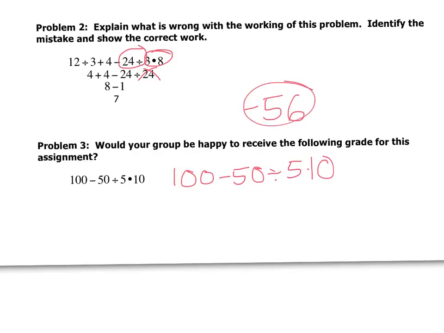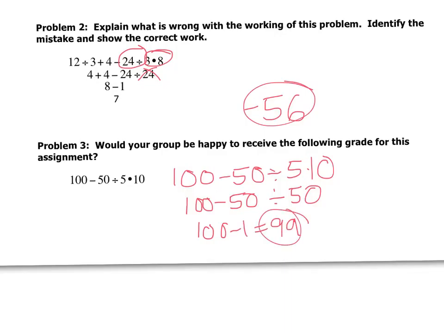So hopefully none of you did this at this point in the game, but if you did 5 times 10 and got 50 first, instead of going left to right with multiplication and division, you would get a pretty decent grade, right? 50 divided by 50 is 1, so 100 minus 1 is 99. That'd be a pretty decent grade, except for the fact that that is wrong.